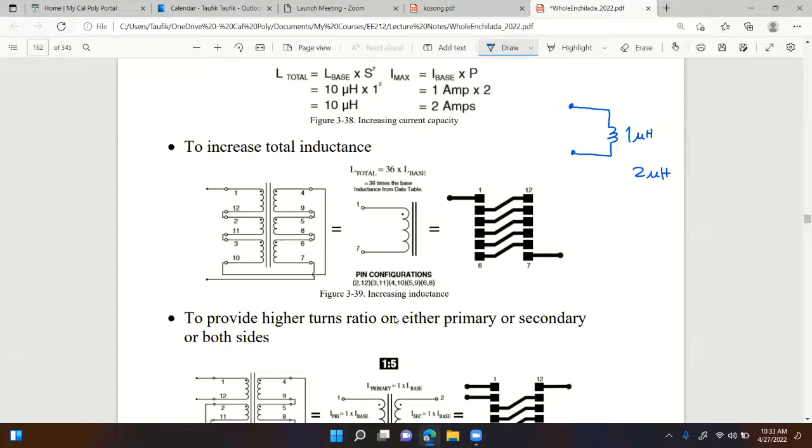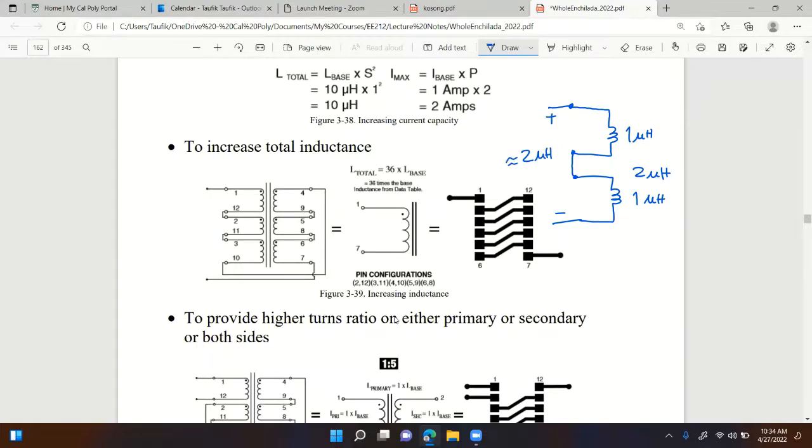What do you do? Well, if you have another winding in the transformer that also has 1 microhenry, then all you need to do here is to connect the two in series like that, right? So the total winding would be roughly 2 microhenries from here to here. Roughly, okay.